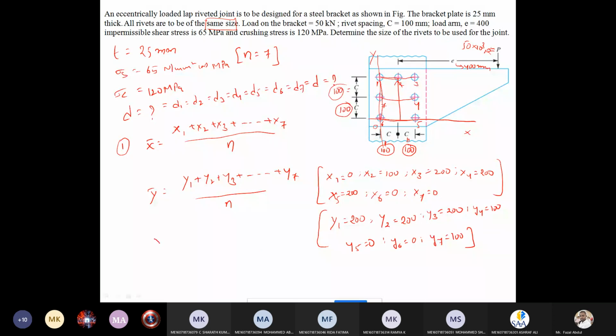Now tell me the x bar and the y bar. Make it fast.